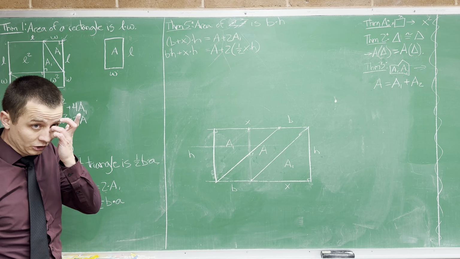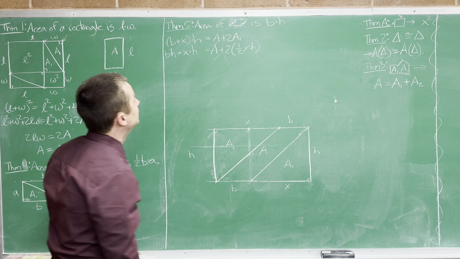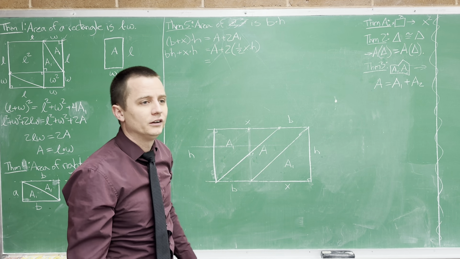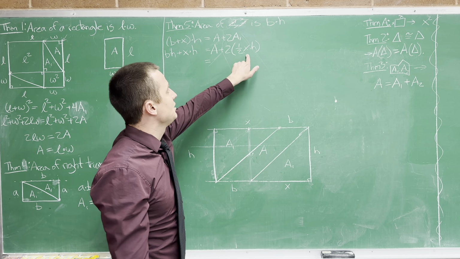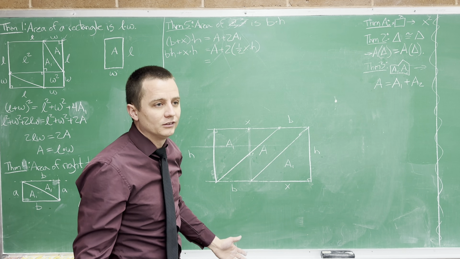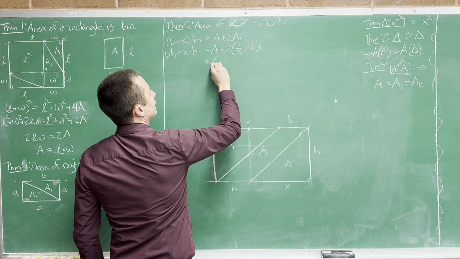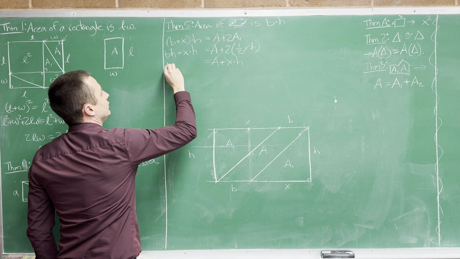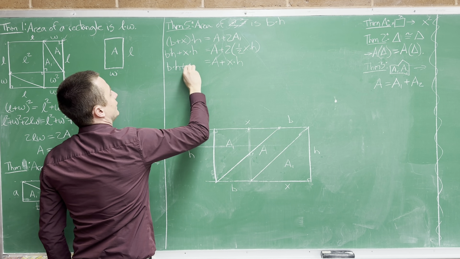Good? All right, let's continue. What's 2 times a half? 1. 1 times x is x, times h. So over here we get A plus x times h is equal to b times h plus x times h.